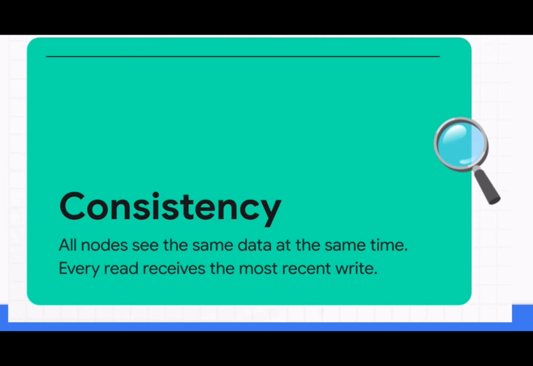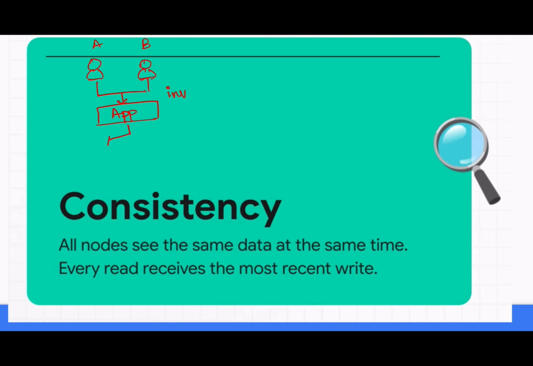So, firstly, talking about consistency, it implies that all the nodes see the same data at the same time and every read receives the most recent data. Covering the first statement, if there is a user A and user B, they try to access our application and try to read the inventory.